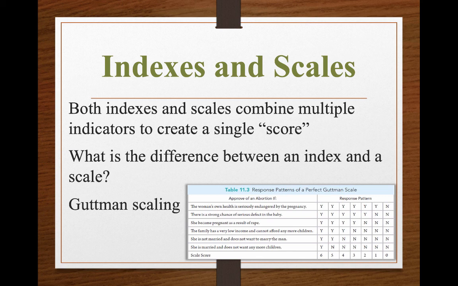So making one of these Guttman scales is no joke. It can be really complicated, especially because you're starting with a bunch of things that you thought you were using to measure a concept, but then you have to test the subsets, like you would do with the codes, in order to see if they fit expectations of the Guttman scale. So the figure here shows response patterns of a perfect Guttman scale, right?